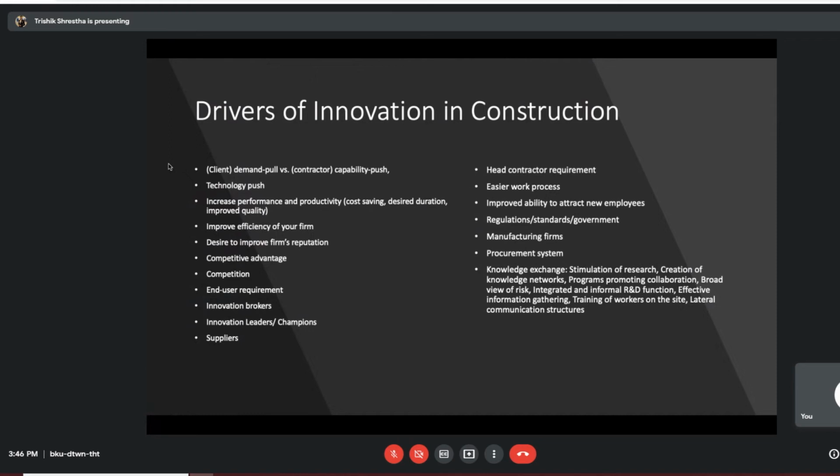Clients or contractors, which is the demand pull and capacity push, technology push. If we have the required technology available, then we will do things according to what the technology allows us to do. Third one is increase performance and productivity, which is cost saving, desired duration, improved quality, improved efficiency of the firm. You want to do things better because you want to improve the efficiency of your firm.